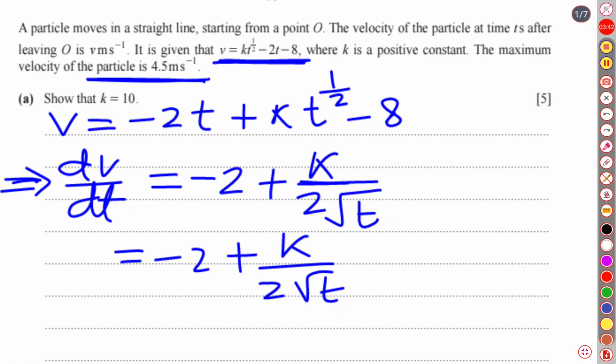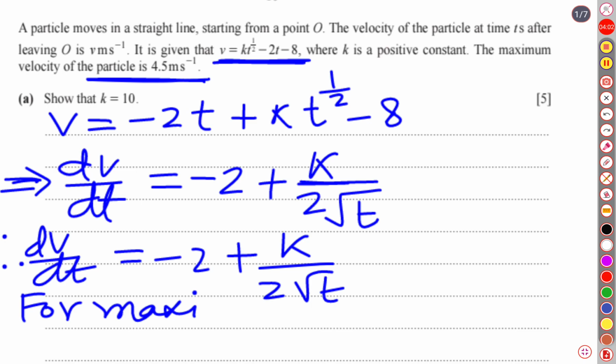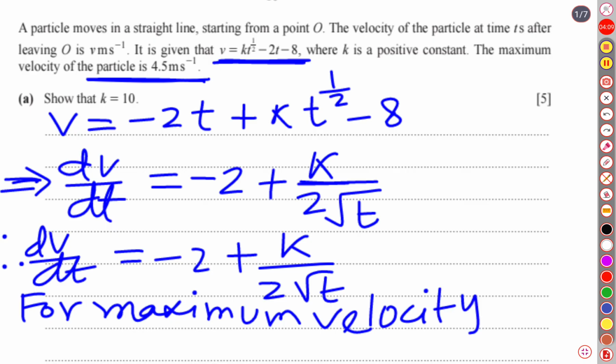Hence dv over dt. Now we will write the sentence for maximum velocity. For maximum velocity, dv over dt is 0.